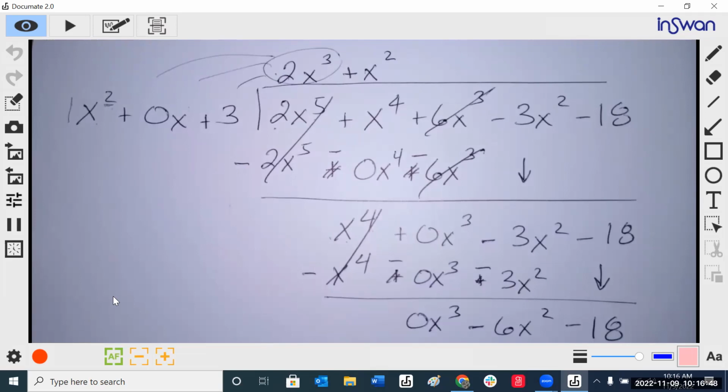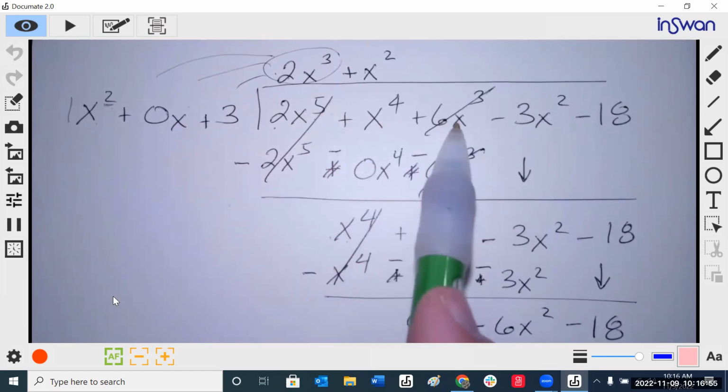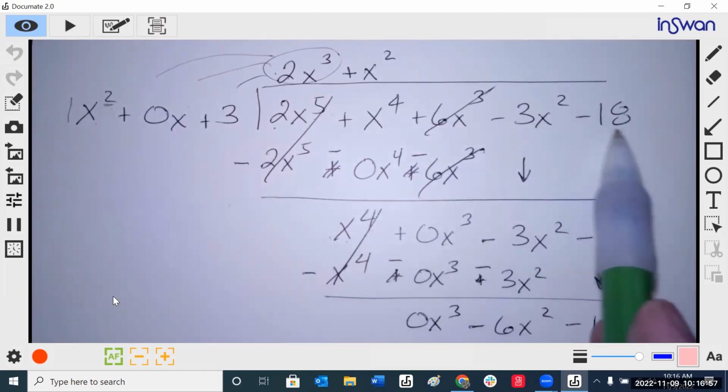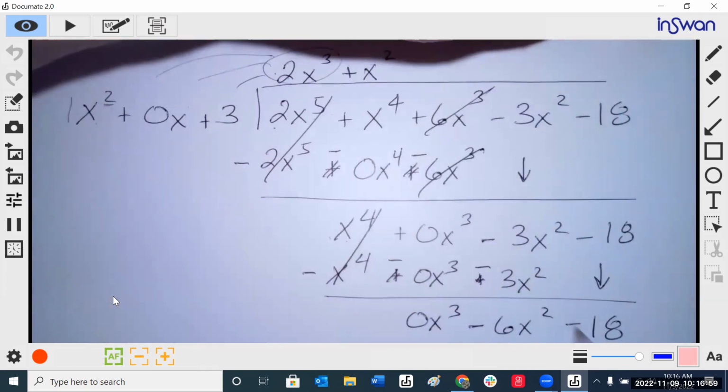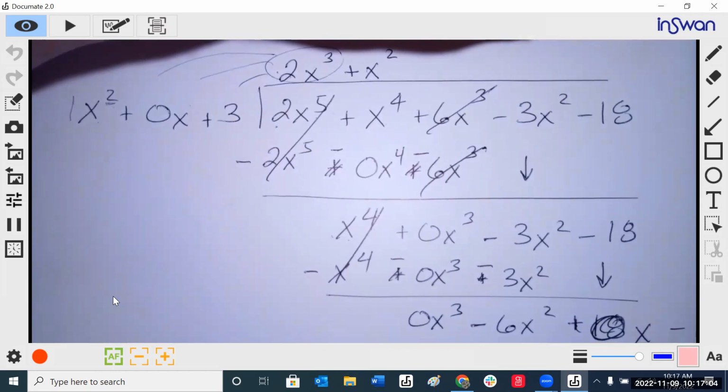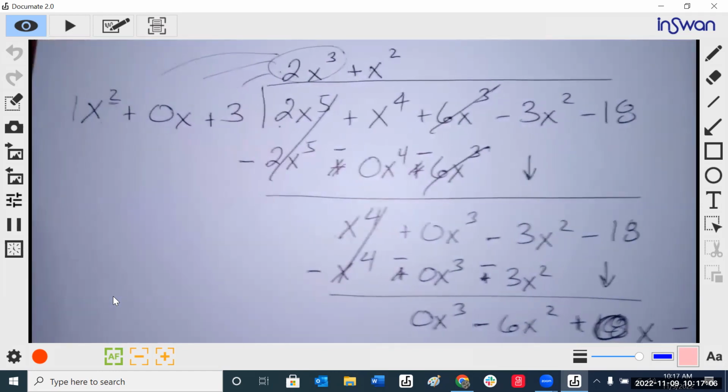Luckily, I count myself here. I'm missing which variable? 5, 4, 3, 2. I'm missing an x. So I have to put a 0x in front of the minus 18. I'm missing the x variable.